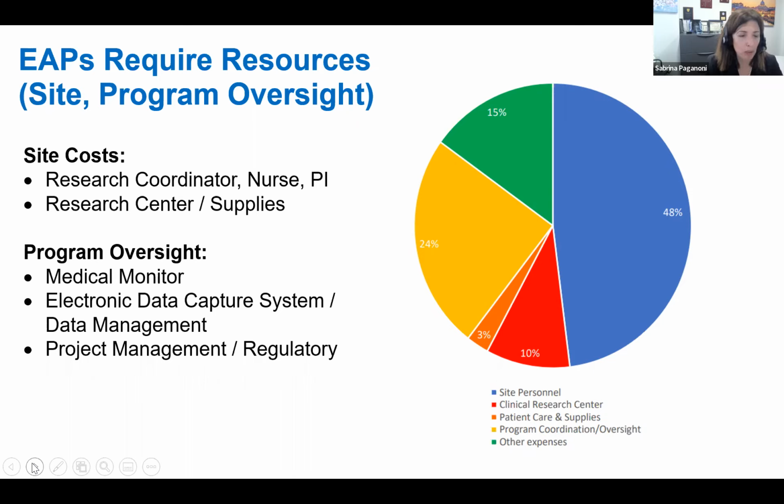So we certainly need to make sure that we have enough resources for medical monitoring. And because we also want to learn about the EAPs, we want to collect the data in a systematic way. We have a system for capturing the data. Obviously, we need to report to the regulators, etc. So these are the pieces of the puzzle that are needed to run the program safely.